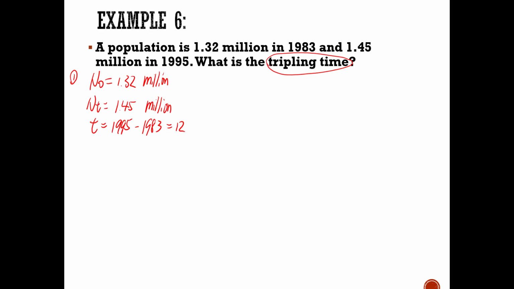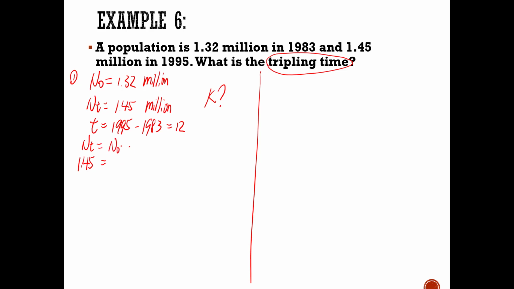Based on this, we can solve for k. This is important: we've got to solve for k first. K is unknown. Once we know the constant growth rate k, then we can find out the tripling time. Now, first step, let's solve for k. N_t is 1.45 million. I will skip the unit.